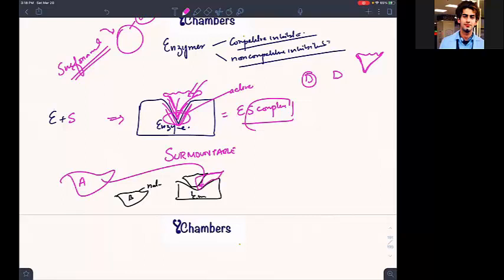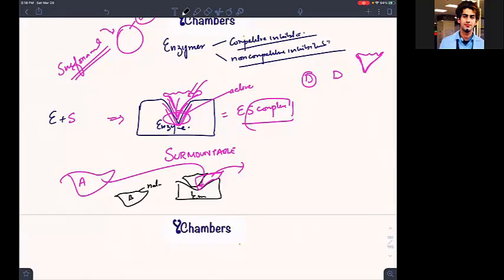If you want this pink one to get removed, you will increase the dose of the substrate, the real substrate. This is a drug. So I can say it is surmountable. Here two things were binding at the same site. There was a site competition.